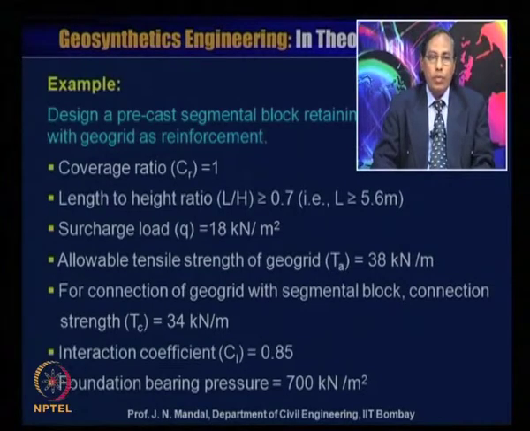Surcharge load Q is equal to 18 kilonewton per meter square. Allowable tensile strength of the geogrid T allowable is 38 kilonewton per meter. For connection of the geogrid with the segmental block, connection strength TC is equal to 34 kilonewton per meter. Interaction coefficient Ci is equal to 0.85 and foundation bearing pressure is equal to 700 kilonewton per meter.